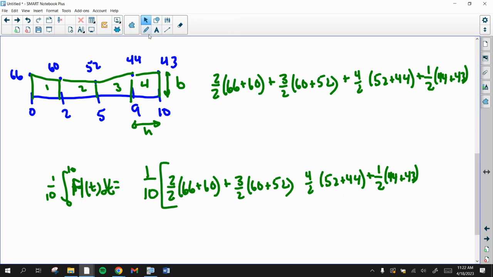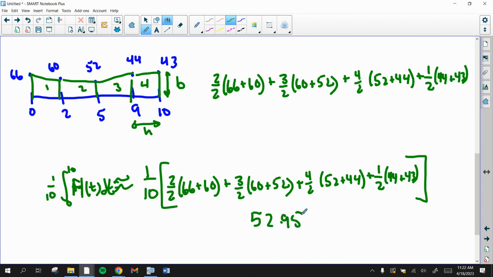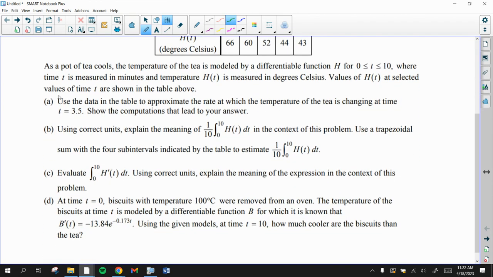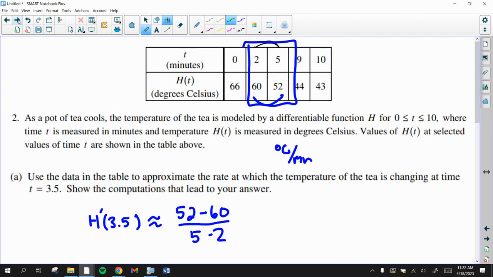So there's the answer. Again, you do not have to simplify any of this. Let me make a little approximation. I believe this comes out to be 52.95, but you do not have to write that. So that was the first two questions, A and B. I'm going to stop this video because it's getting long and do C and D in separate videos.